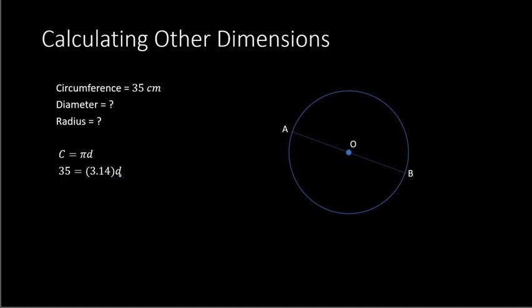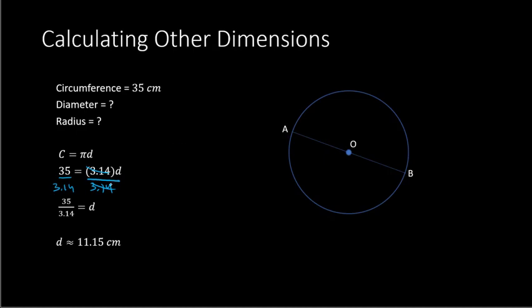And then to solve for diameter, we use our knowledge of equation solving. We have a number times diameter. So to get rid of the number in front, we have to do the inverse of multiplying, which is dividing. So we divide both sides by 3.14. So we have diameter equals 35 divided by 3.14, and you type that into your calculator, and you get approximately 11.15 centimeters.